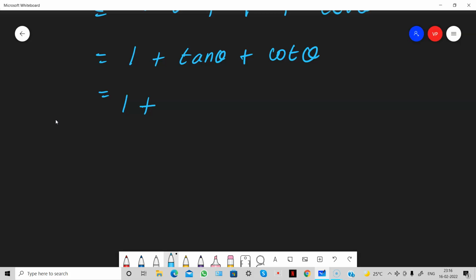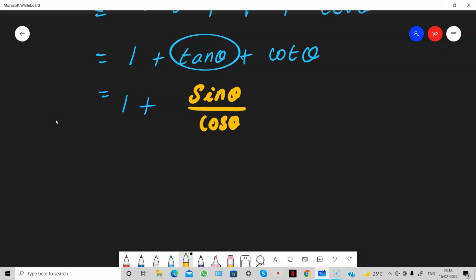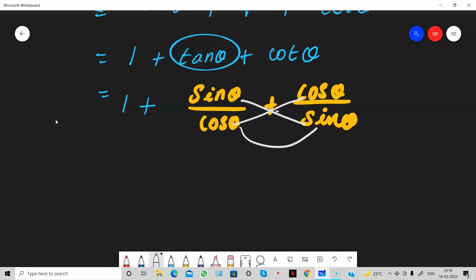So, we can write, see, for tan theta, you can write sine by cos. Okay. For cot, you can write cos by sine. Okay, so this positive sign is done. So you can multiply this one and this one.